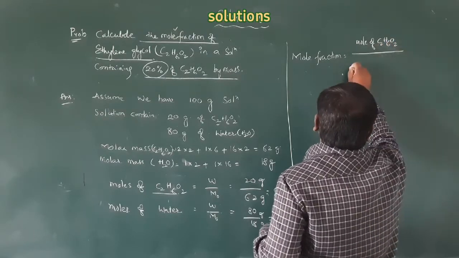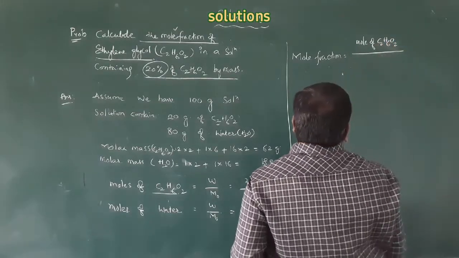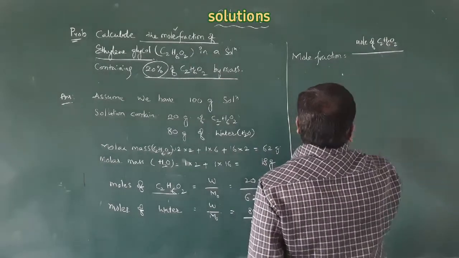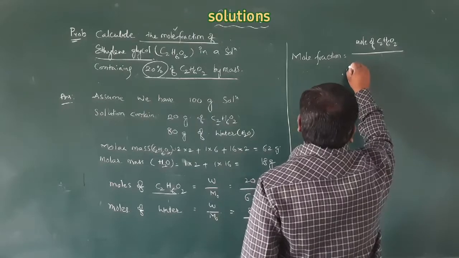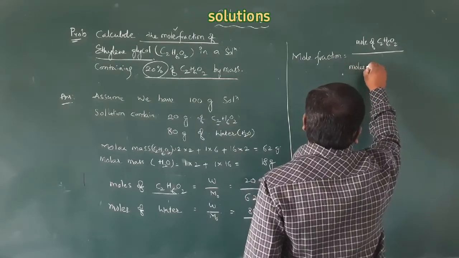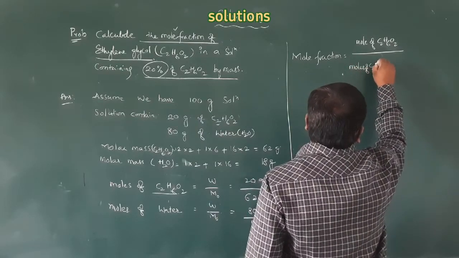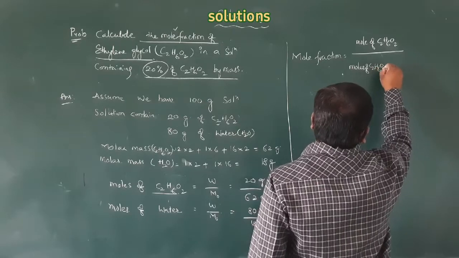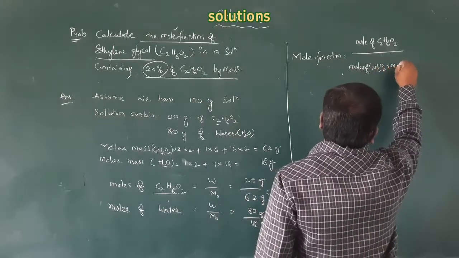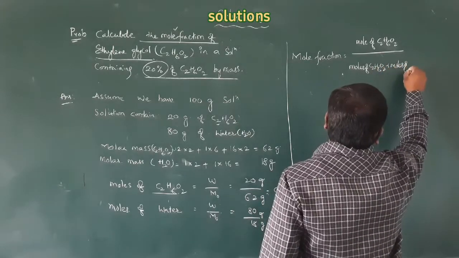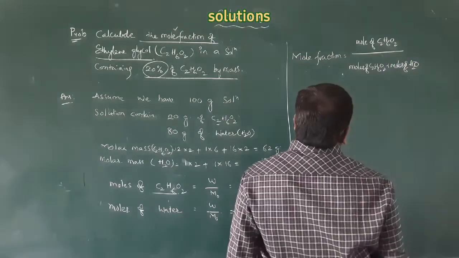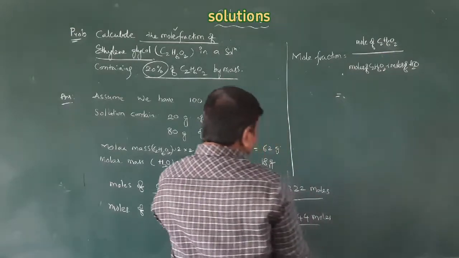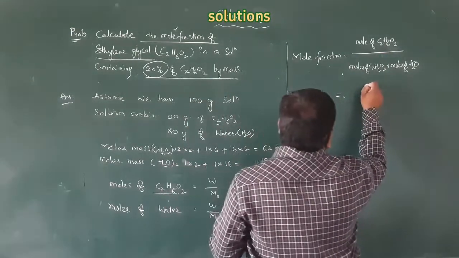C2H6O2, by total moles of all the components. So that means moles of C2H6O2 plus moles of water.